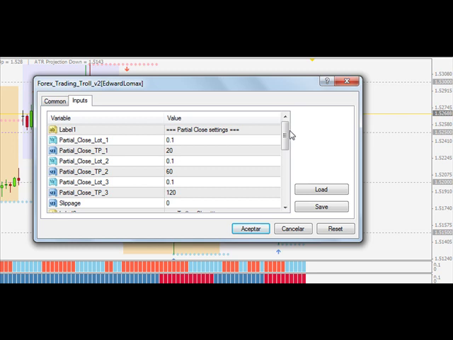So I have 3 levels. You could take out 3 partial profits. So let's say you're doing 3 mini lots, 1, 1, and 1 adds up to your 3 mini lots, and then it would take out 1 mini lot at 20, 1 mini lot at 60, and the remaining at 120.